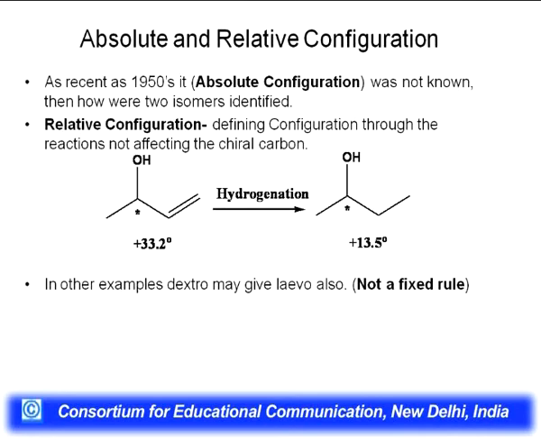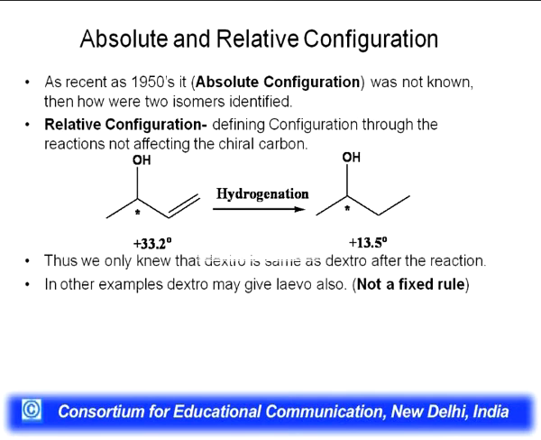Now, there is no fixed rule that says the alkenol here is dextro and the alcohol is also dextro, such that compound A would give only dextro to dextro or levo to levo. We can have dextro examples which may give a levo molecule after the reaction, but the correlation should be made such that there is no reaction on the optically active point, which is the chiral center of the molecule.